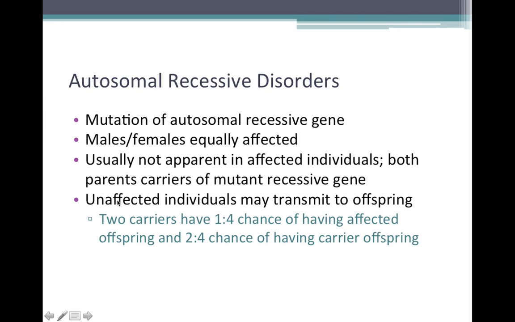If you have parents that are carriers, they have a 1 in 4 chance of having a child with the disorder. So if both parents are carriers for a certain autosomal recessive disorder, there's about a 25% chance that they will have a kid that is affected by this disease. Otherwise, if you have an affected parent with a non-affected parent, then the chances are about 1 in 2 of having an affected offspring.